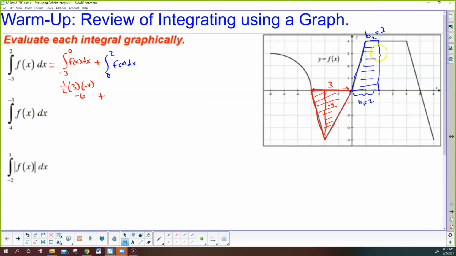And then the height is 1, 2, 3, 4. So this would be 1/2 base 1 plus base 2 times the height. And 3 times 4 is 12. Half of 12 is 6. So I end up with a -6 and a +6 being added together. So my net area is equal to 0.